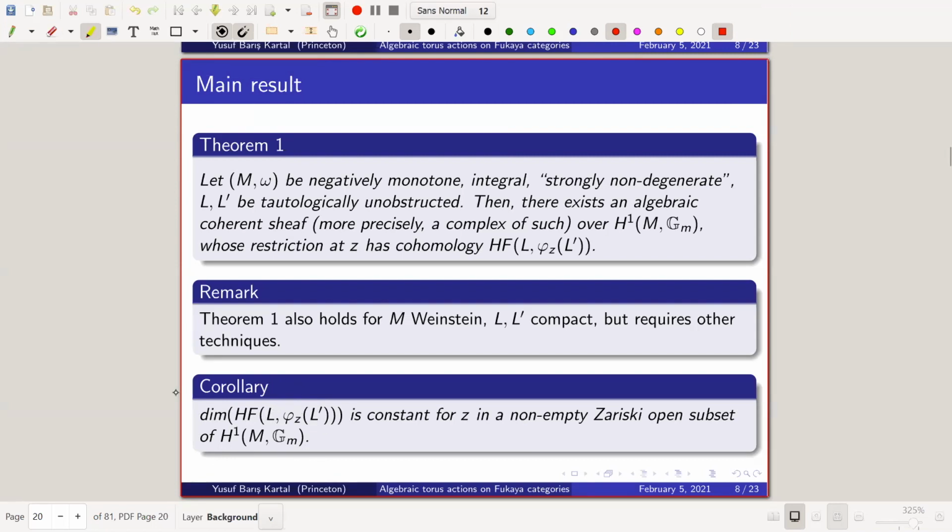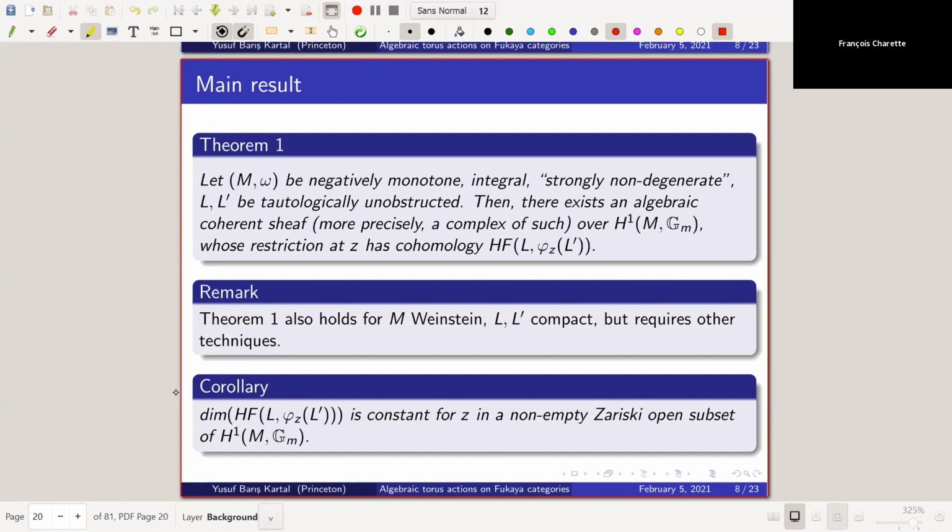Yeah. Hello, sorry. I have a question about this negatively monotone. Do you mean that the holomorphic spheres have negative Chern number? I mean, more like omega has negatively proportional class to the first Chern class.